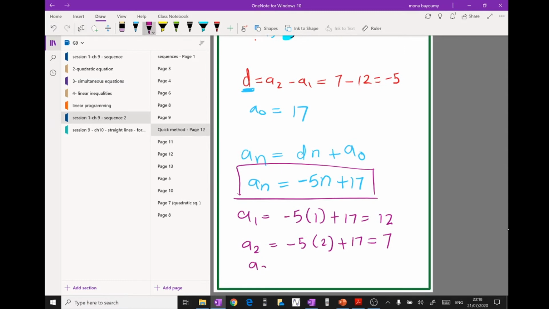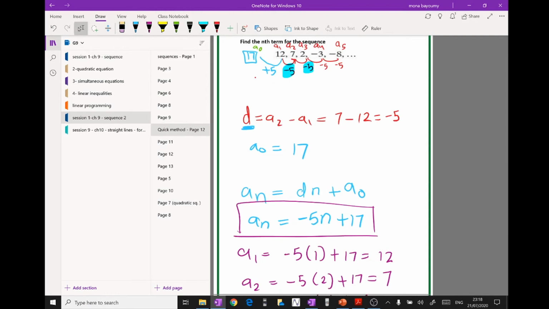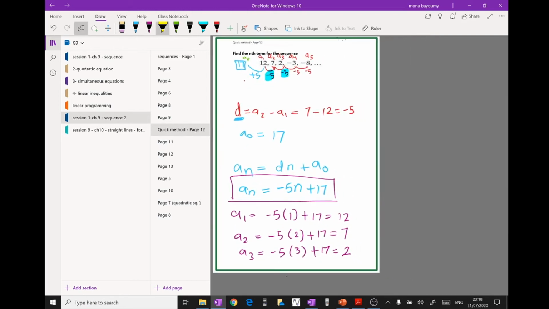A3 is equal to -5 times 3 plus 17, -15 plus 17, it will be 2, which is the third term. Here you can check. Here's 12, 7, 2. If you complete, you will find the other terms. I think it's so easy.